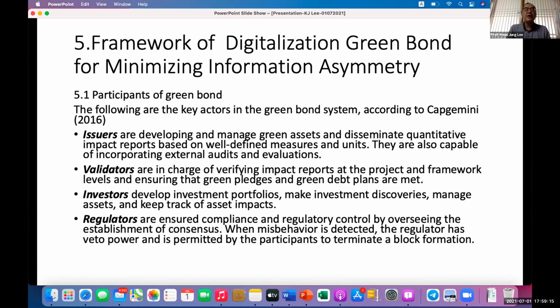We follow the key actors or key players in the green bond system according to Capgemini in 2016. Also, I agree about these factors of the participants of the green bond. Number one, issuers. The second one is the validators. Third one is investors, and fourth one is the regulators.